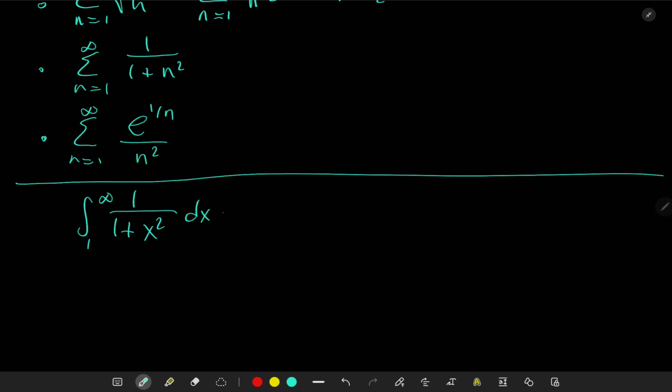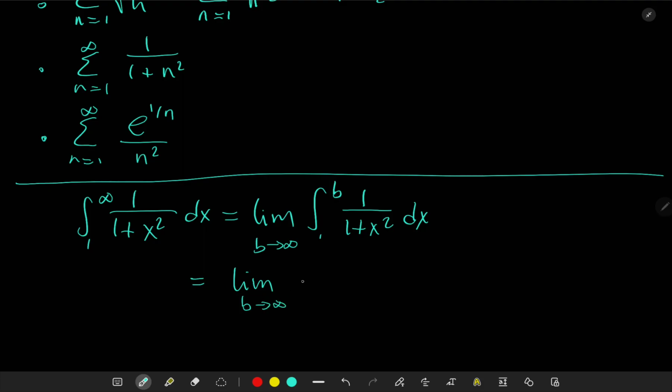And you know that this is going to be the limit as b goes to infinity of the integral from 1 to b of 1 over 1 plus x squared dx. That was a funky integral. And this one is straight up, I wrote it just so we could compute it quickly. This is just an arctangent, right? So you get the limit as b goes to infinity of the arctangent of x evaluated between 1 and b.